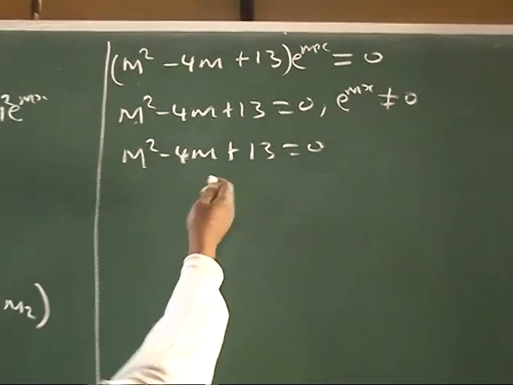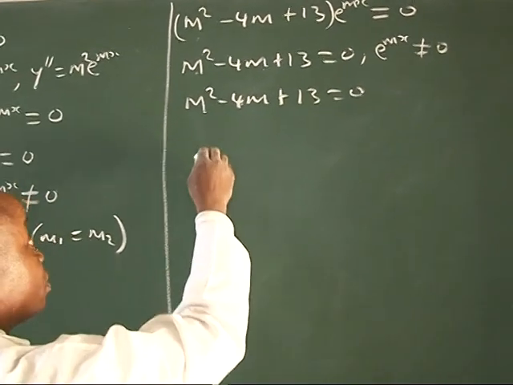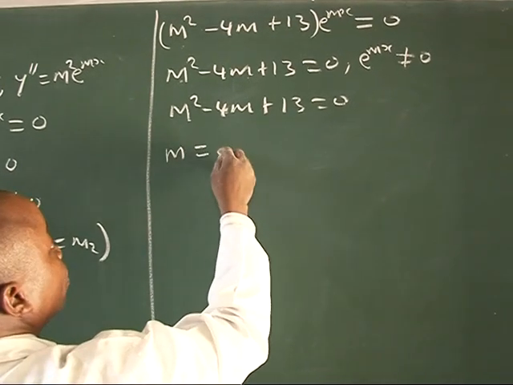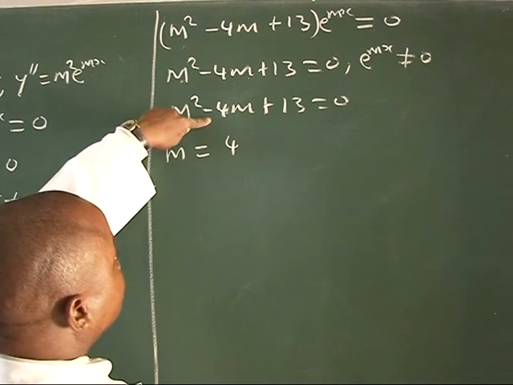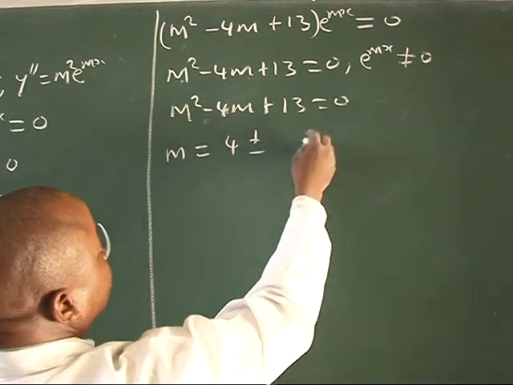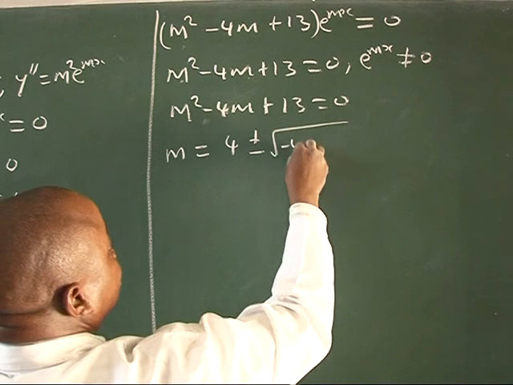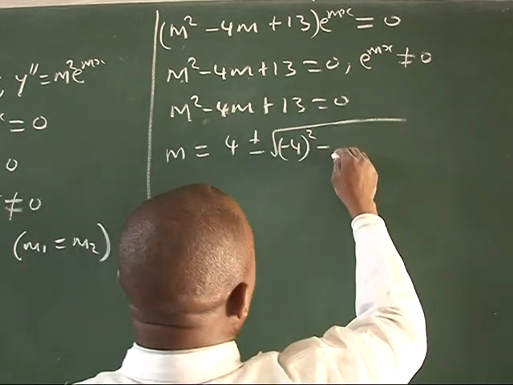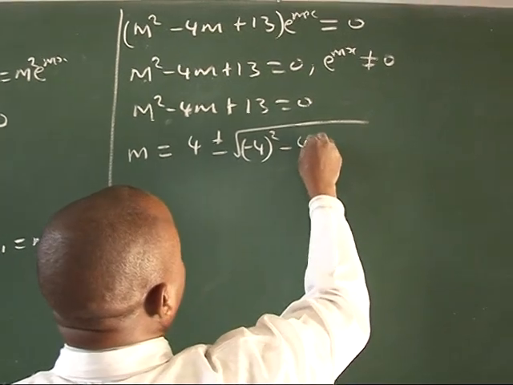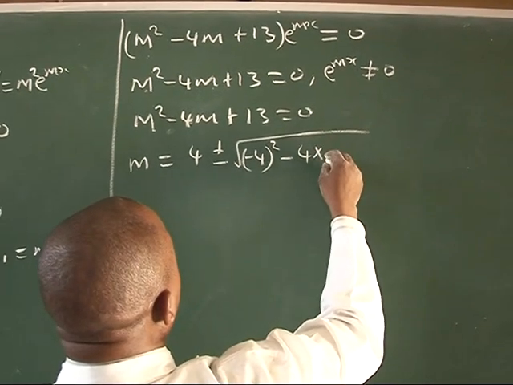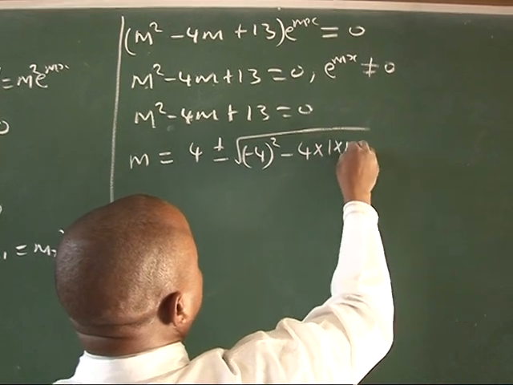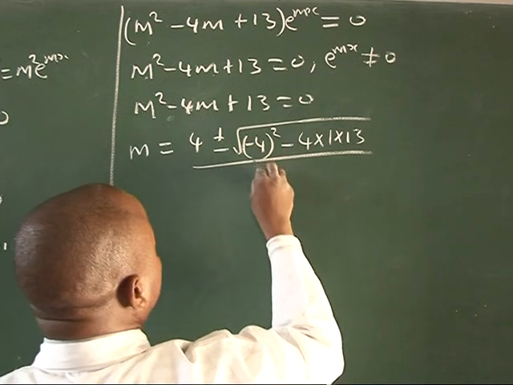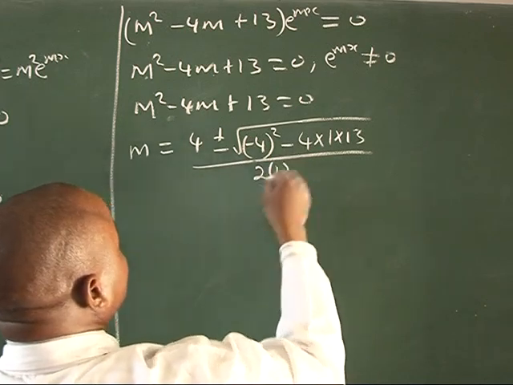Now solving this, let me use the formula method so we can go straight. You see that m will be equal to minus b, that is 4, plus or minus the square root of 4 squared minus 4 times 1 times 13, all over 2 times 1.